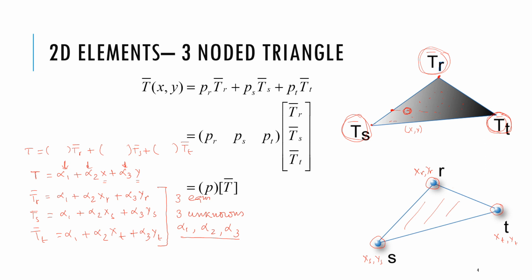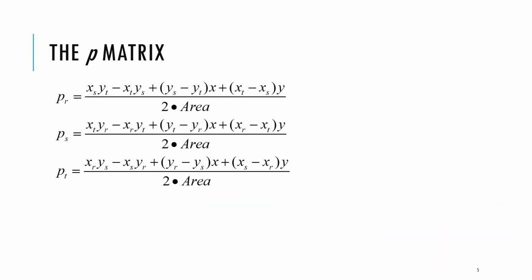This can be written in a matrix form this way: PR PS PT times TR TS TT, which is a matrix P times a matrix T. Those quantities that I didn't write out in the last slide are given by this, and we get this simply by finding those alpha 1, alpha 2, alpha 3 in the last slide.